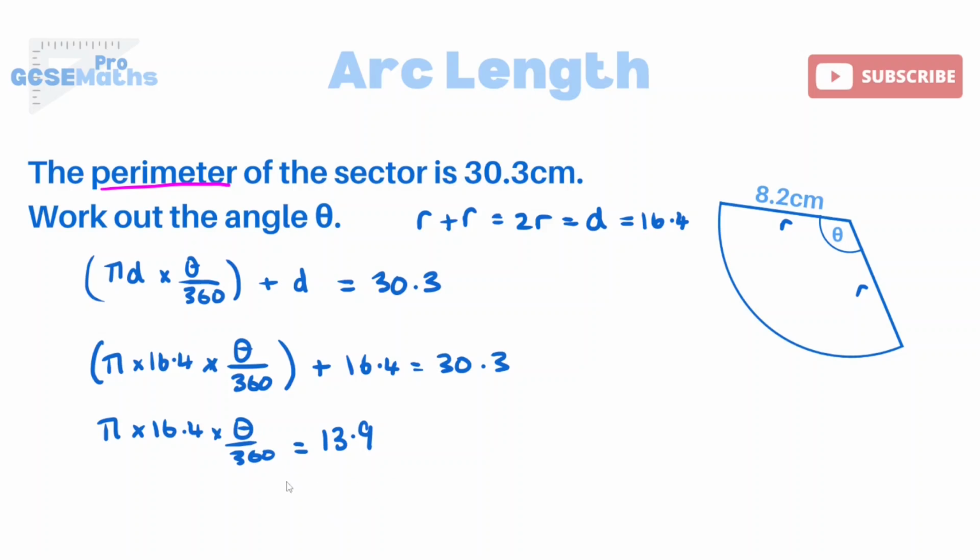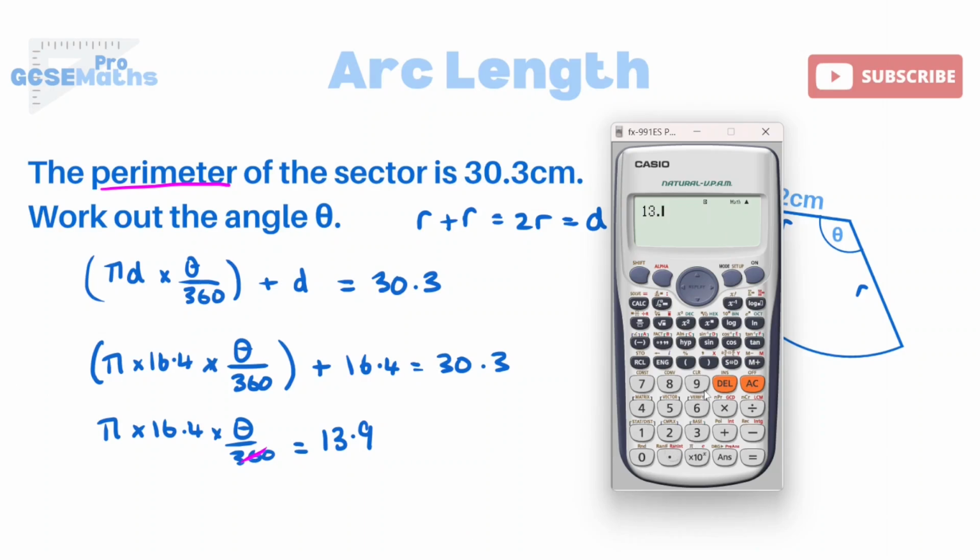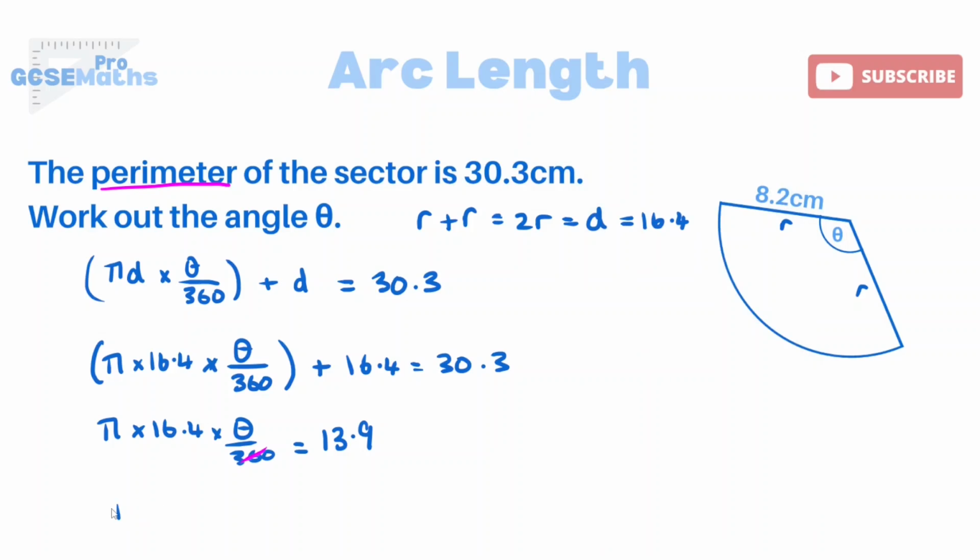So I think what I might do now is times both sides by 360. Because all of this is already multiplied together, I don't need to worry about the left side. It will just cancel it out, won't it? But I obviously need to times the right-hand side by 360. So 13.9 times 360 gives me 5004. So I've got effectively pi times 16.4 times theta equals 5004.